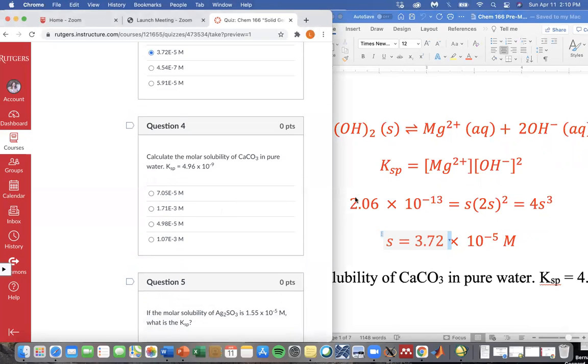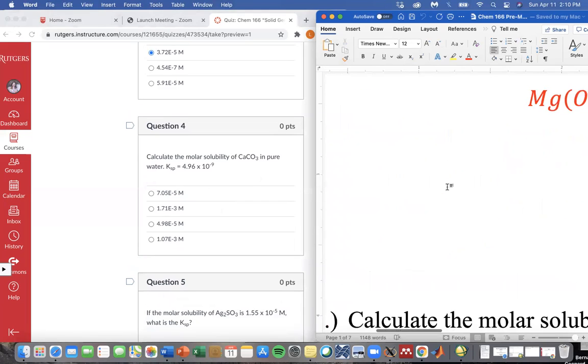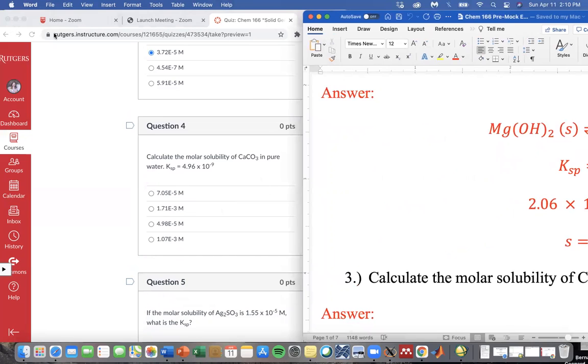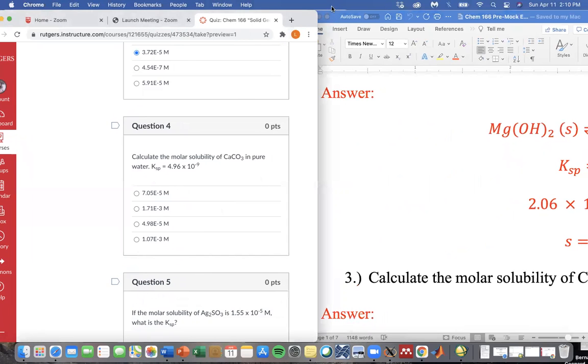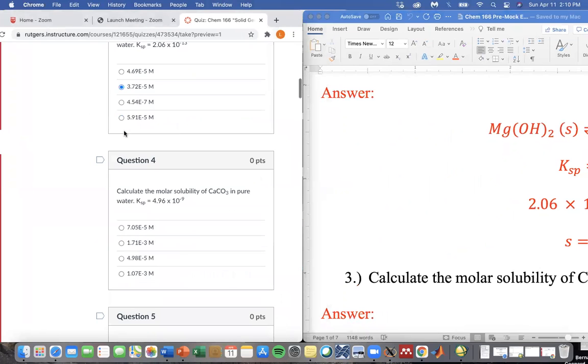Okay, so for the third one, we have to calculate the molar solubility of CaCO3 in pure water. It's a really similar one to this one. The only thing that's different is that CaCO3 is a different compound than MgOH2.